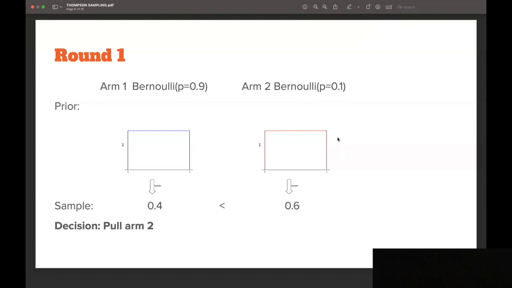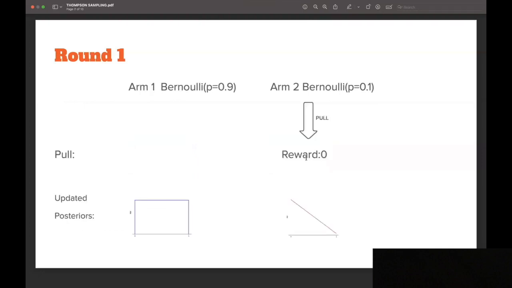Thompson sampling samples from this prior distribution, and assume that the sample for the first arm is 0.4 and the sample from the second arm turns out to be 0.6, in which case Thompson sampling recommends us to pull the second arm. Since the second arm has a low expected return, it's much more likely to give a zero reward when it's pulled.